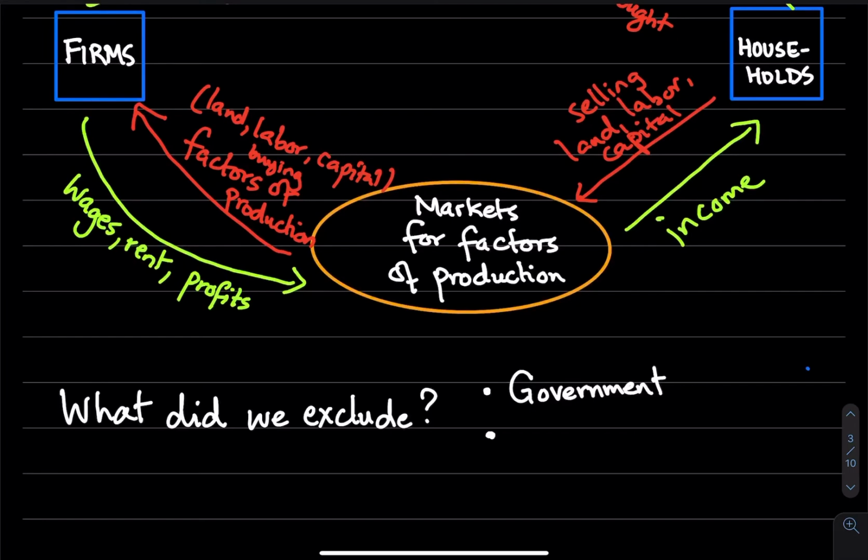And we're also excluding the international economy, so we are not talking about international trade at all here, where Starbucks could be paying taxes and also buying coffee beans from a farmer in Colombia. Okay, so that's what's omitted.